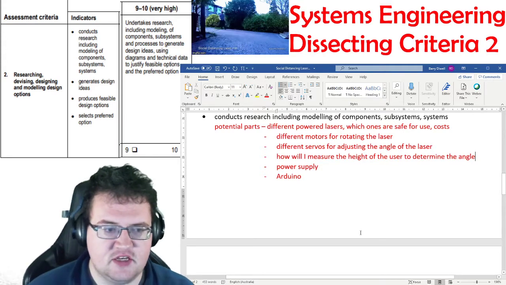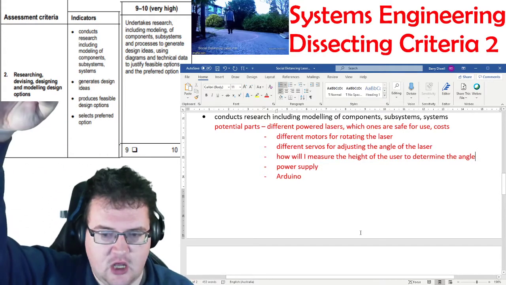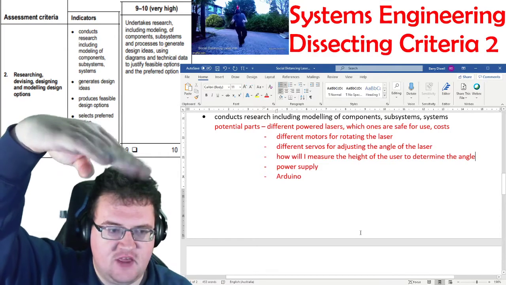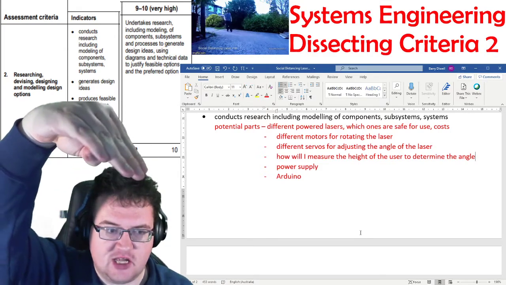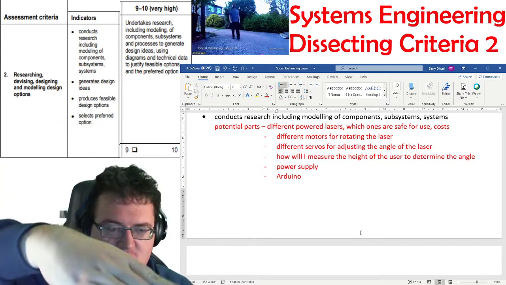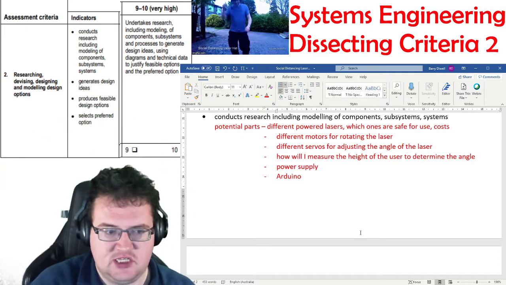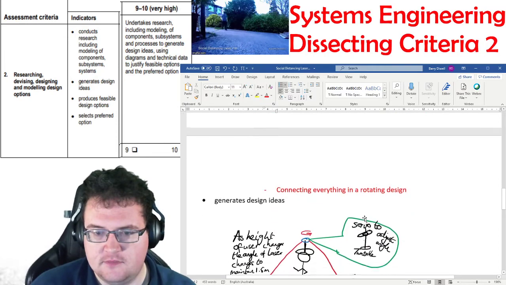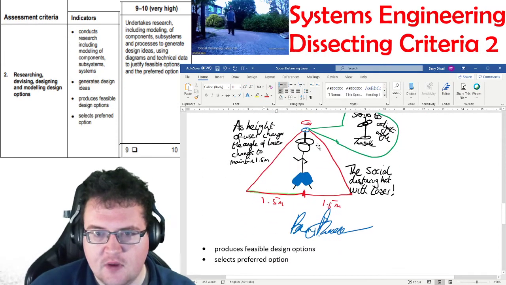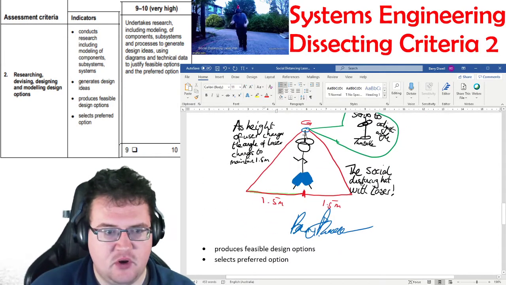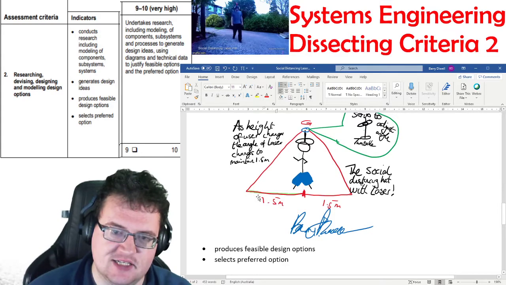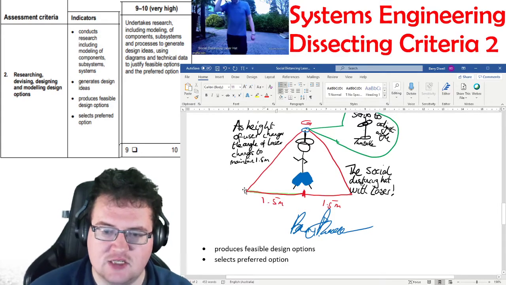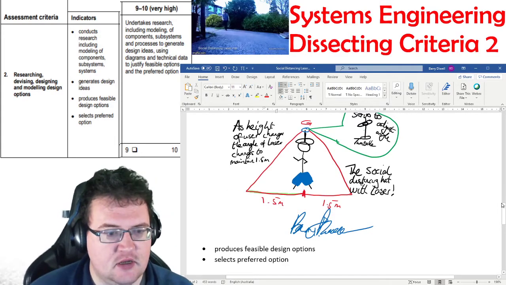Obviously, as the user goes up, the angle that the laser needs to be at for 1.5 meters will get slightly shallower, but for a short person, that angle is going to have to be quite steep. As you can see here, as the person increases in height, the angle will need to get smaller and smaller because it doesn't need to go past 1.5 meters.